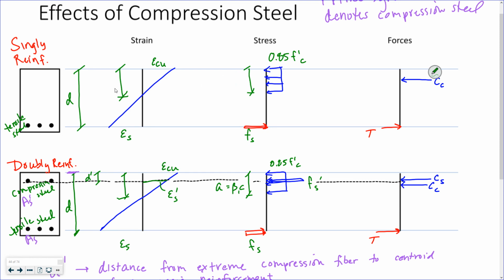Make those big letters. A singly reinforced, beta 1, C singly reinforced. I'm going to make this C doubly reinforced, A doubly reinforced. All I did was just add SR and DR to my A's and my C's. Top one is SR, singly reinforced, only has tensile reinforcement. Bottom, doubly reinforced, DR.